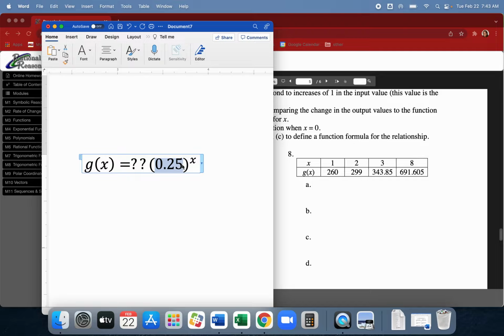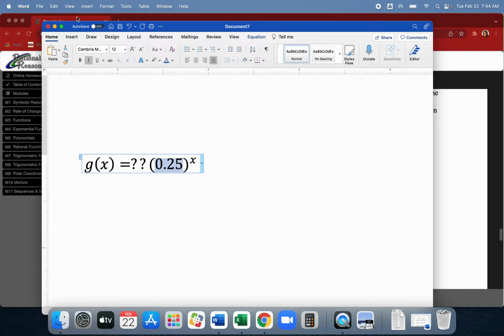But what do I multiply to turn 260 into 299? I don't know, but I can divide to figure it out, right? Take the later one divided by the earlier one, 299 over 260, which should be the same as 343.85 over 299, that 1 unit growth factor. To figure out what do I multiply to get from A to B, do B divided by A.